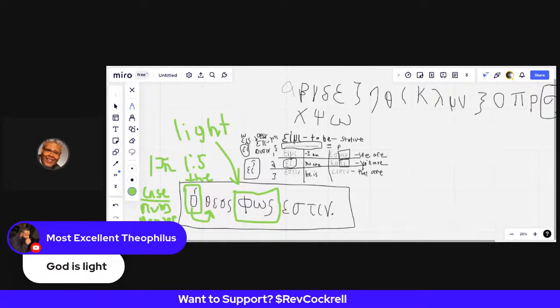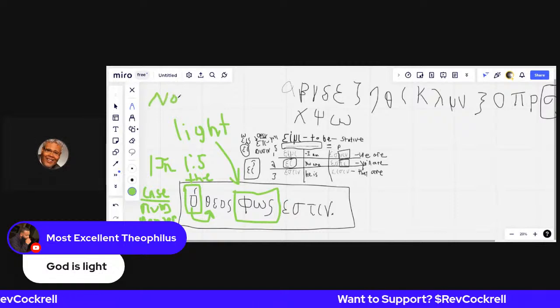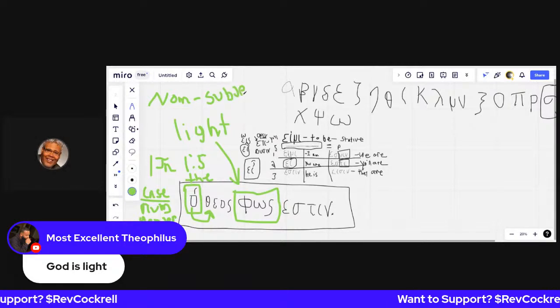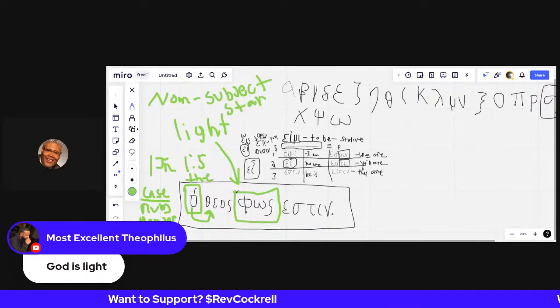So God, singular, masculine, nominative. Nominative case is the subject of the sentence. It's the star of the show, all of that.